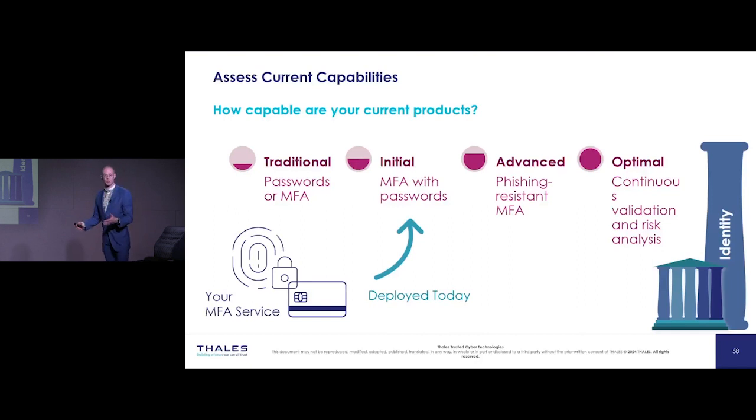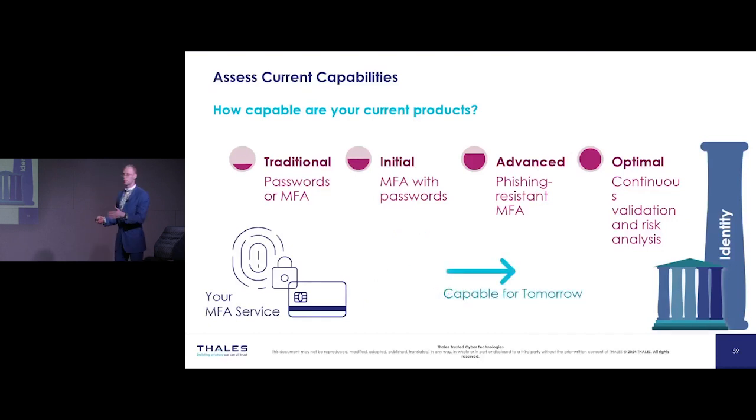And so you have that deployment now, and you have all the underlying products that support that authentication. Can those products, without having to do additional procurements, support that ratcheting up in the Zero Trust maturity model? It's deployed today, is it capable for tomorrow?